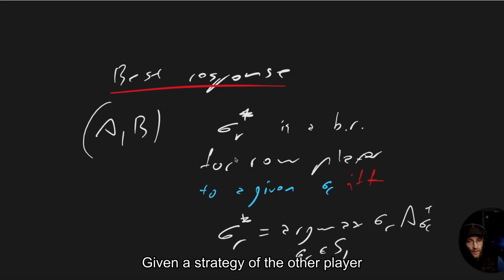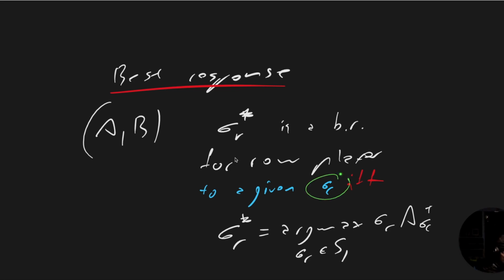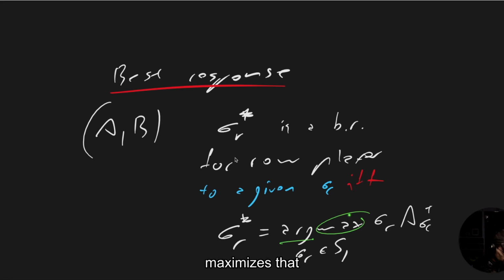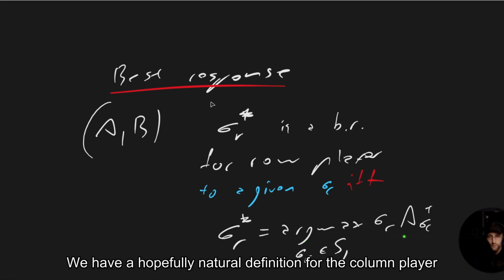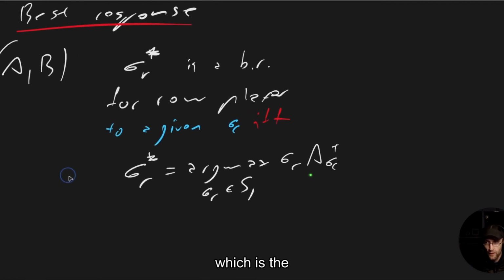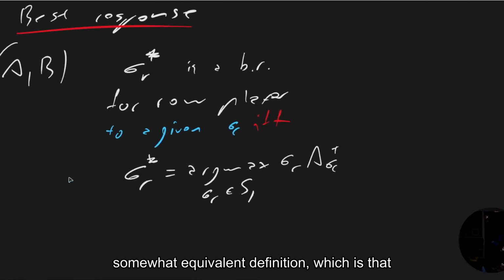In other words, given a strategy of the other player, the utility of the row player for a given strategy sigma R is given by that expression, and the best response is the argument that maximizes that expression.